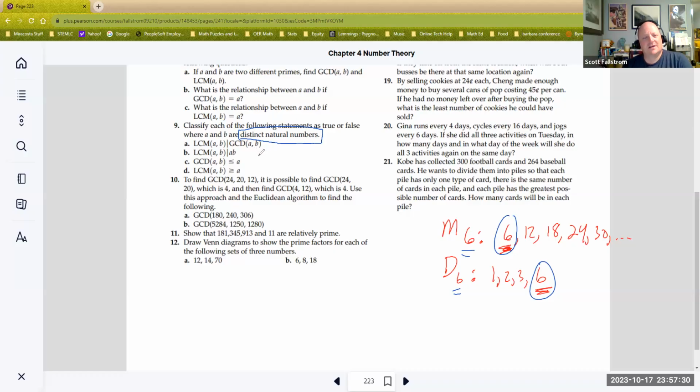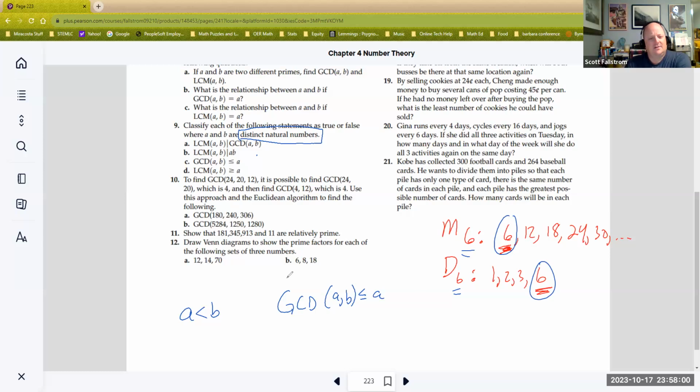So it has to be less than or equal to the smaller number. So if I know A is less than B, well, it can't be equal in this case, as I said, they're distinct. So A has to be less than B. Then the GCD of A and B has to be less than or equal to A.